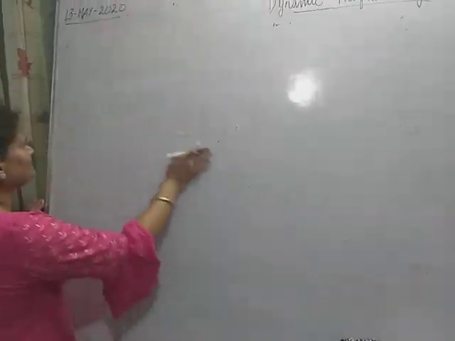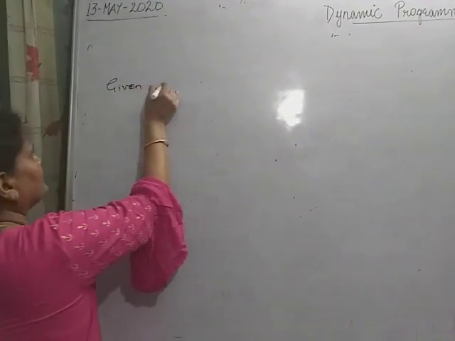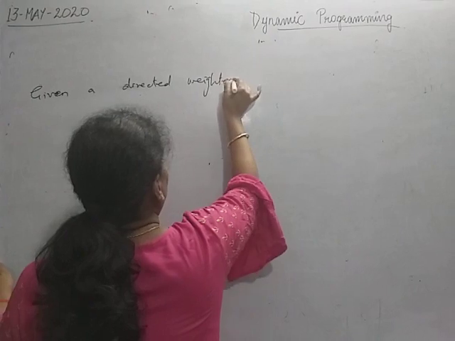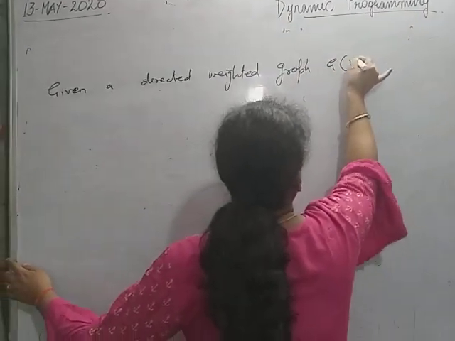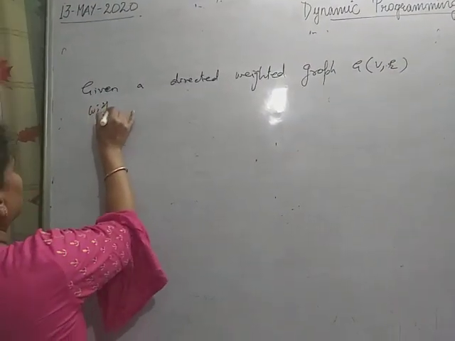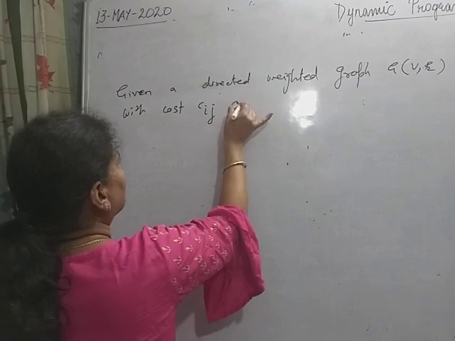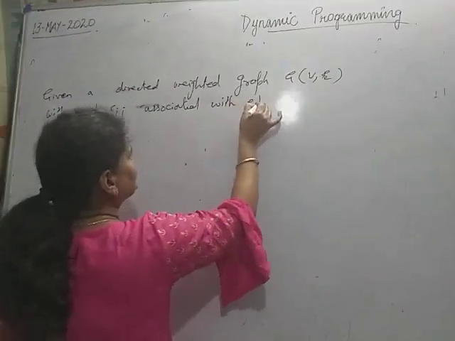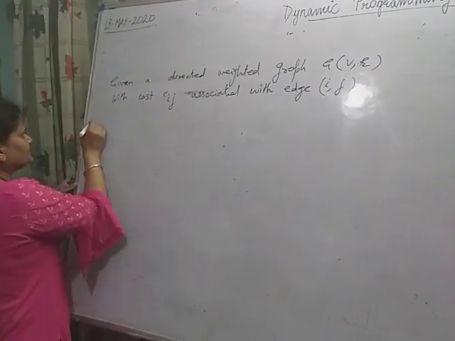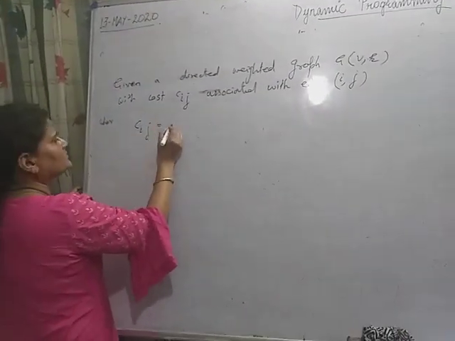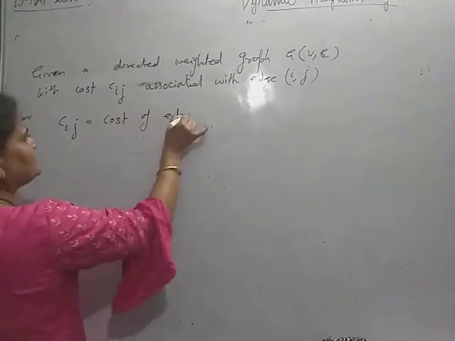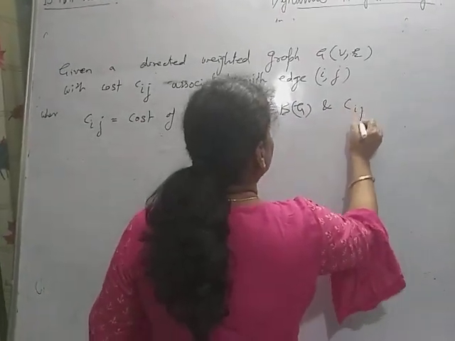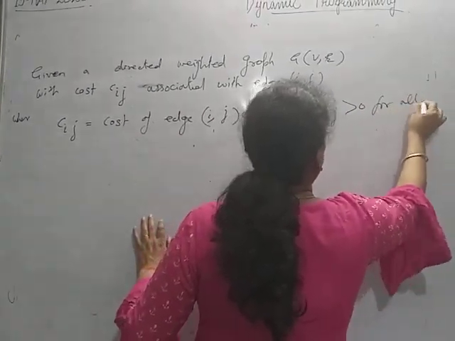The traveling salesman problem is simply: given a directed weighted graph G with cost Cij associated with edge ij, where Cij equals the cost of edge ij belonging to E, and Cij is greater than 0 for all i and j.